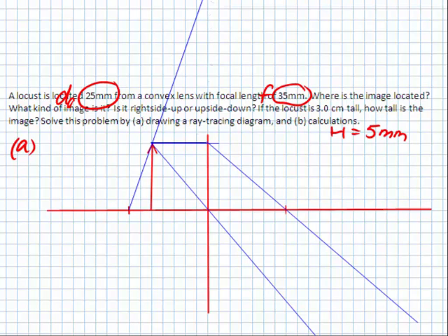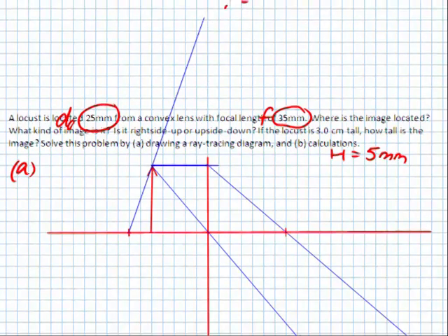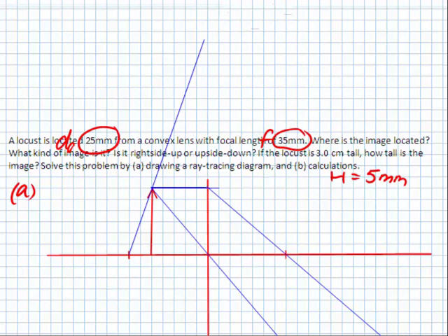Oops, I haven't quite gone far enough. We're going to take that ray that goes through the tip of the object and just happens to be coming from the direction of the focal point of the lens on the left.